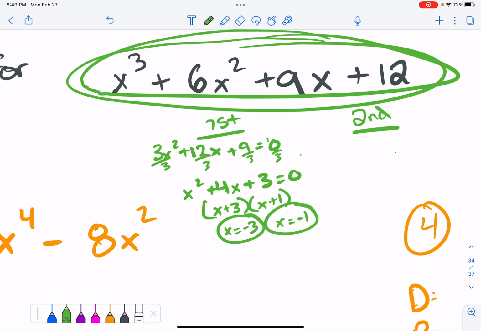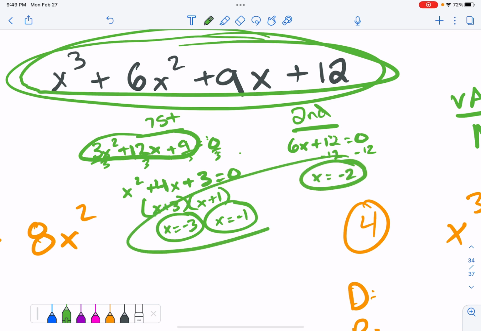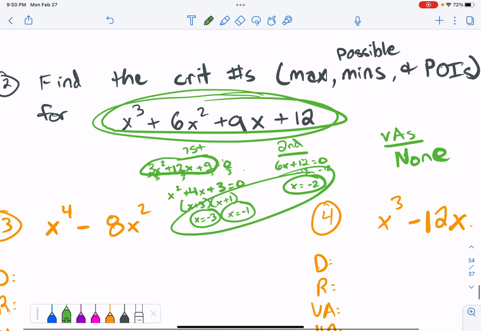Second derivative, I'm going to take what I originally had before I divided by 3, and I'm going to go 6x plus 12 equals 0. And if I subtract the 12 and divide by 6, I have x equals -2, I think. So I have 3 critical numbers technically, 2 of them from the first derivative, 1 of them from the second derivative, and then if I would go to do the whole process again, I would find increasing, decreasing, concave up, concave down.